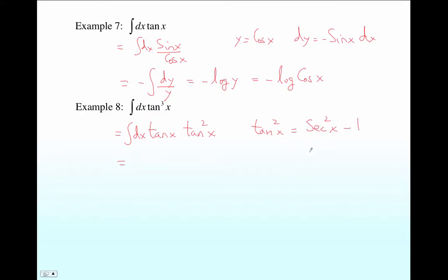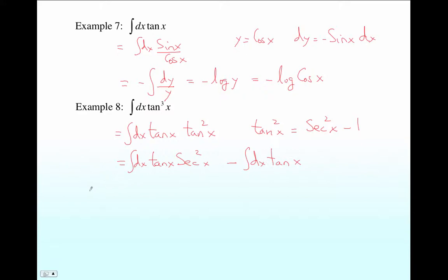This is one of the Pythagorean identities, and it follows from sine squared x plus cos squared x equal to 1. What I have then is this integral splitting into two parts: tan x times sec squared x, minus the integral of tan x. But of course, this second integral we have already done.